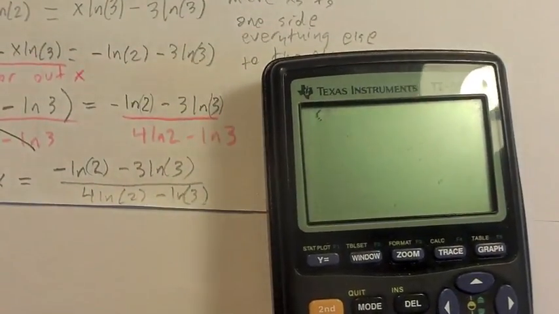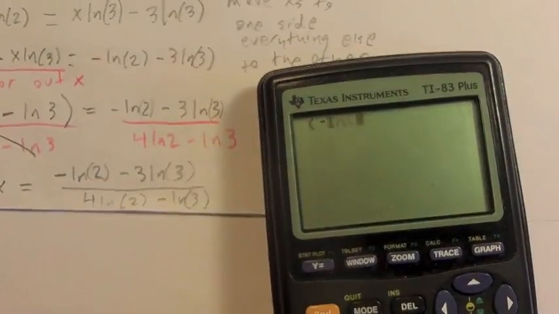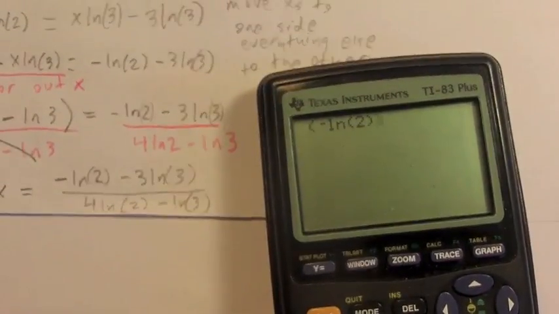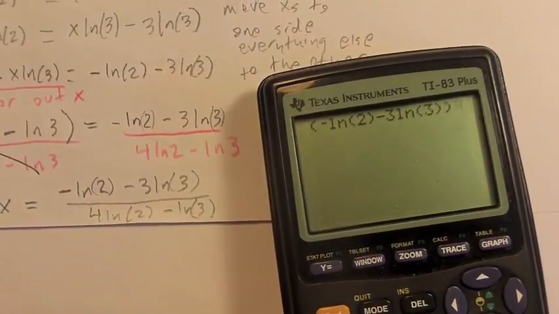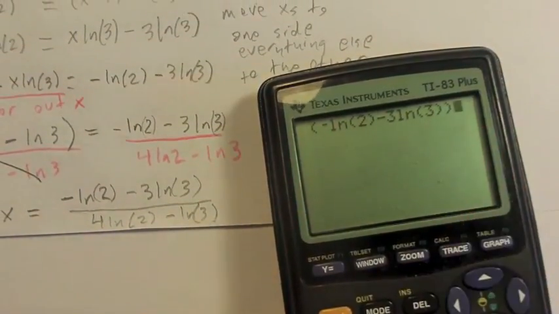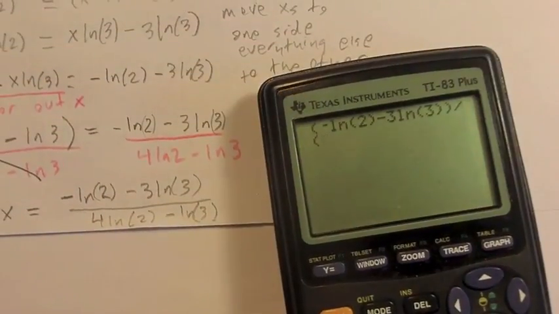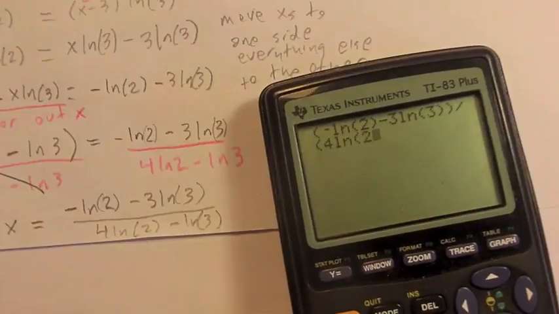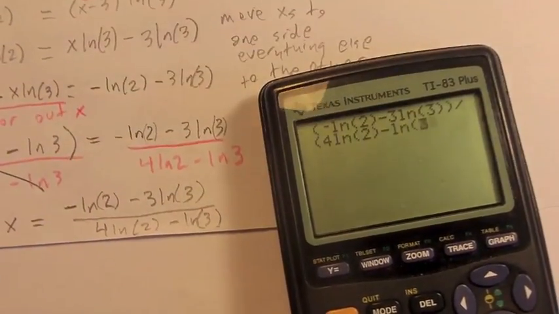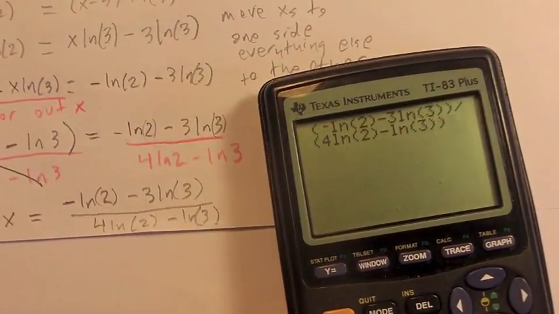We'll do open parentheses negative ln of 2 minus 3 times ln 3. Right, so there's our entire numerator. Then I'll put the entire denominator in parentheses too. You need to be very careful about that. And then I'll close my parentheses for that.